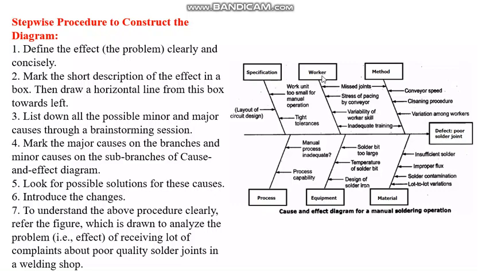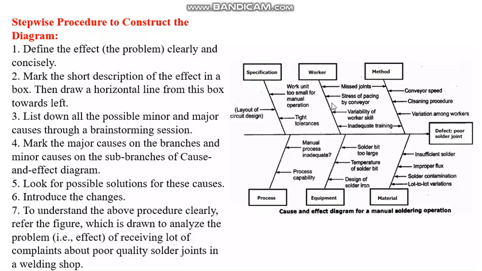And if you take the worker, it can be because the worker has missed some joints, or is experiencing some stress of pacing by the conveyor. Suppose it is going on a conveyor and he has to walk beside it and at the same time solder.